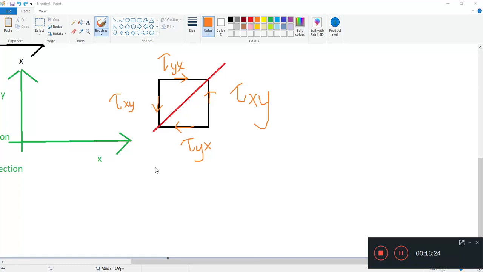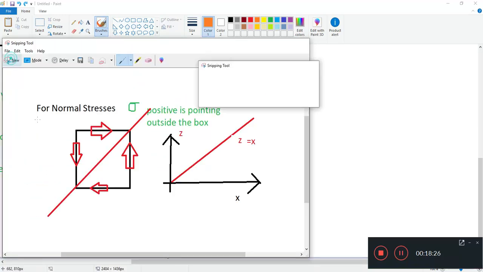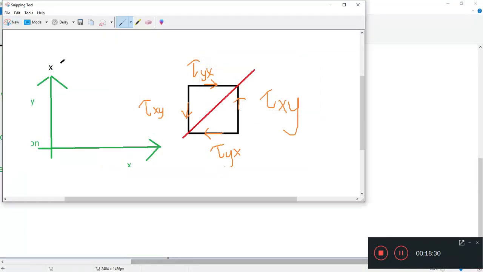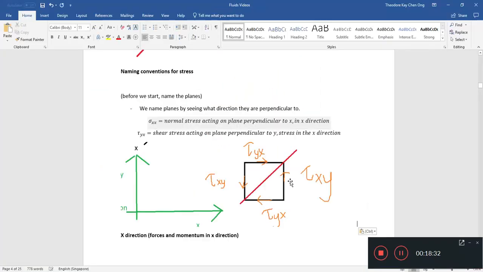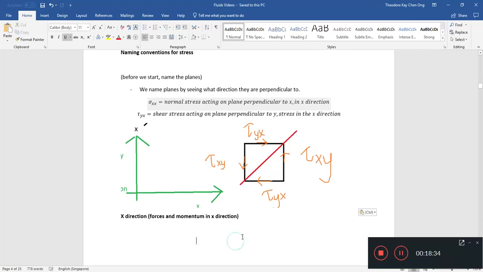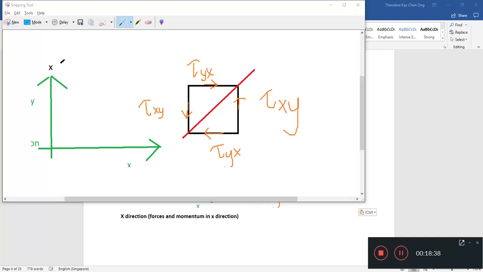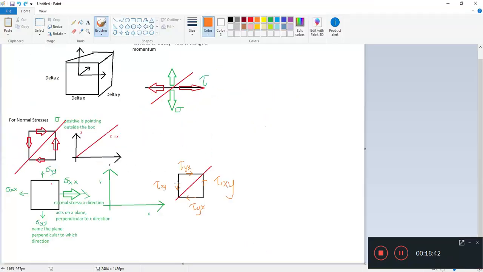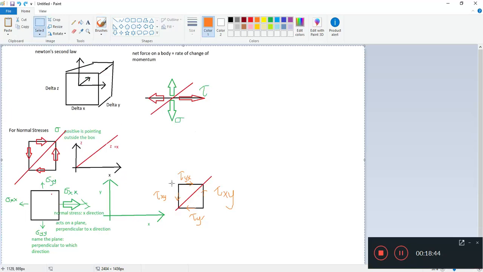So let me copy this over, and then we will have a short break. I'm going to delete this whole thing, or maybe not this whole thing.